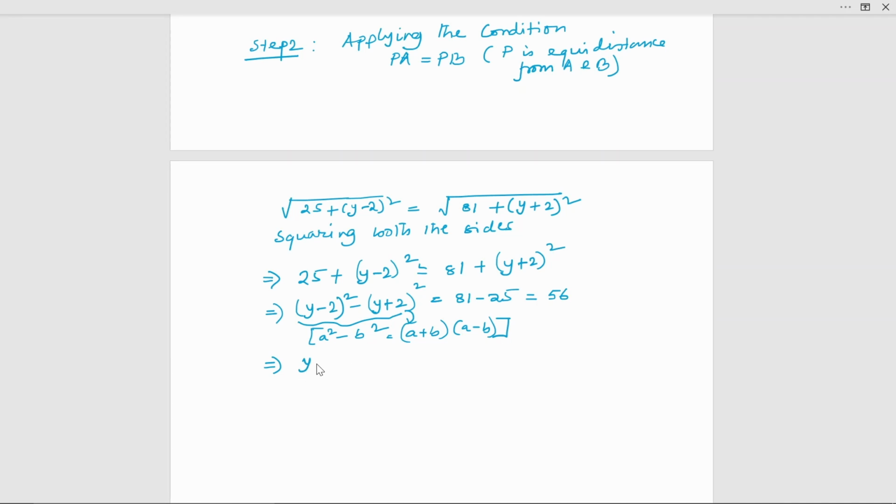Therefore (y minus 2 plus y plus 2) into (y minus 2 minus y minus 2) is equal to 56.